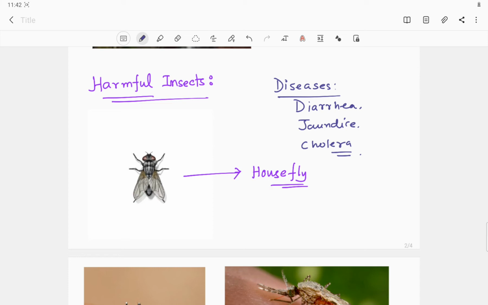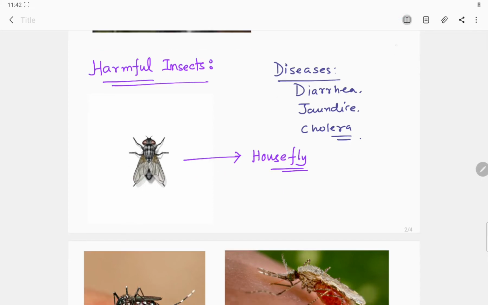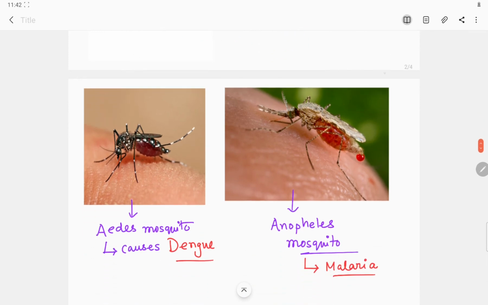So we should never eat uncovered food as it is likely to have germs in it, right?